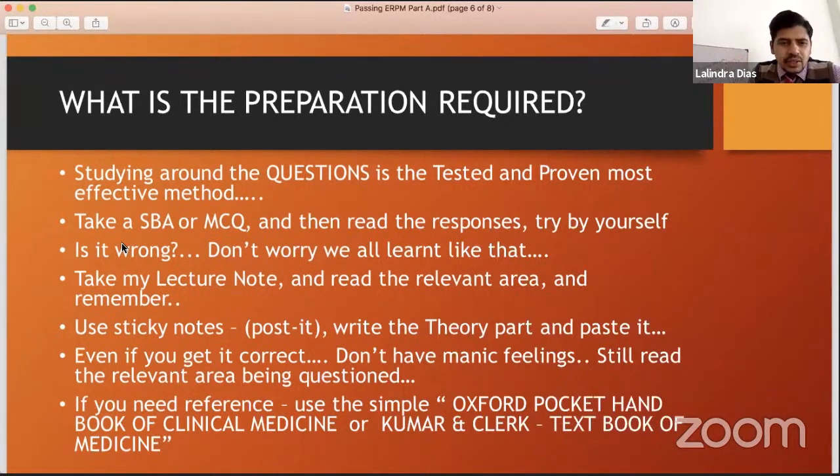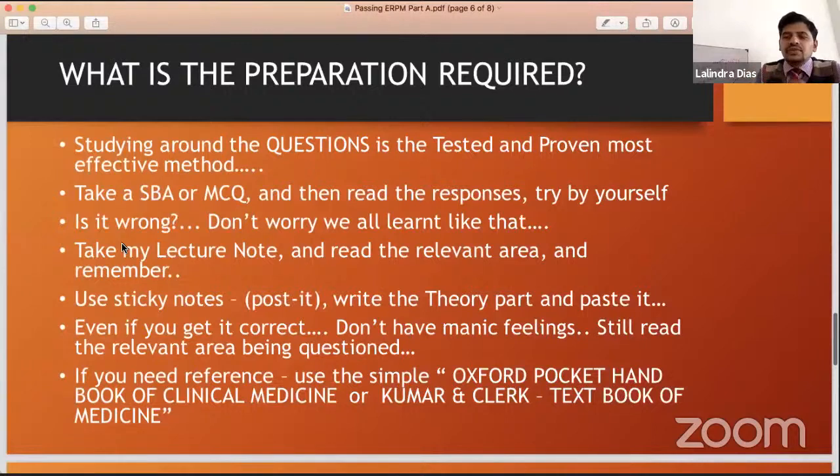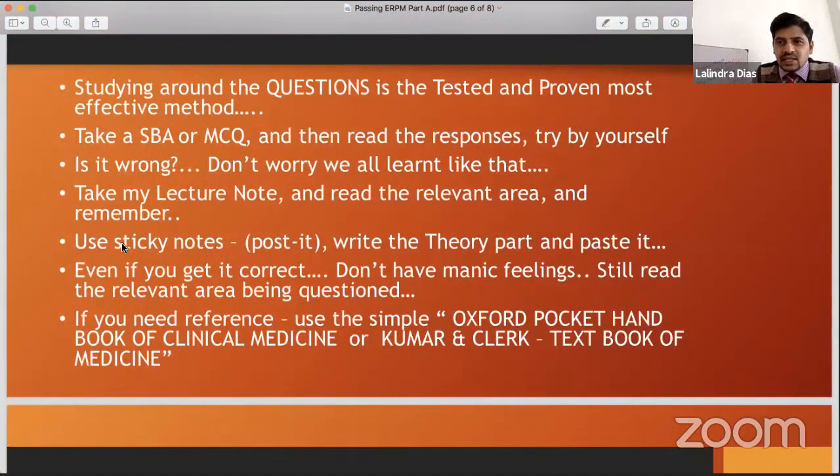And also, guys, another method that we use is sticky pads. You know, small sticky pads, you call them post-its. All of you have those nice colored post-it sticky pads. Buy that, it's really useful. Where you are studying, or where you have done the question, say that question on rheumatoid arthritis, you just paste this sticky pad.